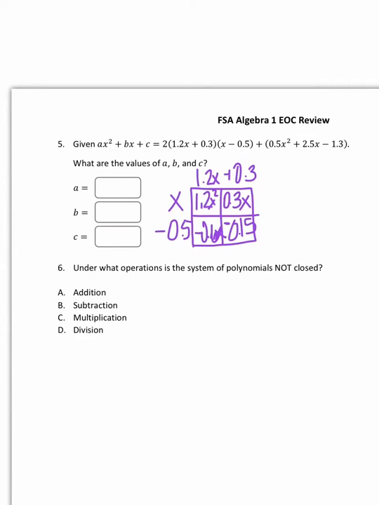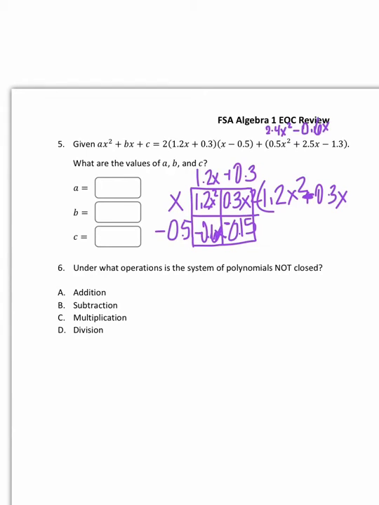Forgot about that. So then we have 1.2x squared times 2 is 2.4x squared, plus then we have 0.3 minus 0.6, so that's not a plus, so that's a minus. 0.3x times 2 is 0.6 again, so minus 0.6x.